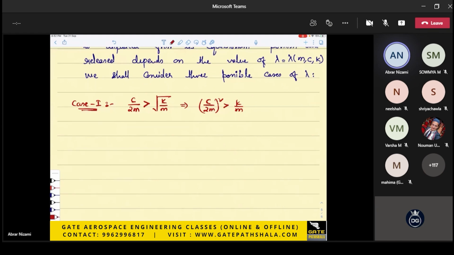If it is the case, what type of roots will you get, guys? Real and distinct. What else can you say about the roots? Positive or negative? Real can be positive, negative, zero. Negative. Correct.